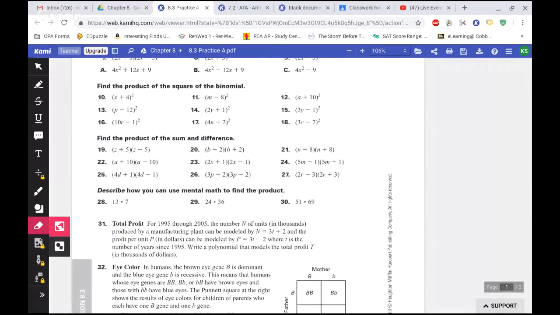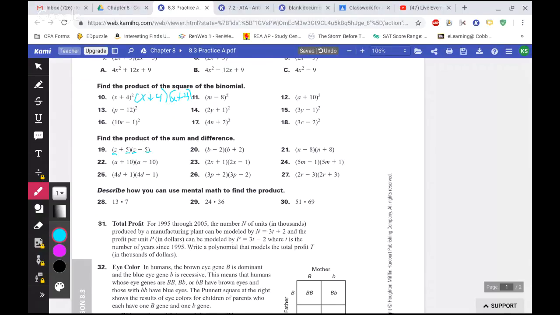Okay. These were the product of a sum and a difference. So they were different than the product of the square, because these up here were where you were supposed to write out the fact that that was x plus 4 times x plus 4. And down here, this z is the same as this z, and 5 and 5 are the same.